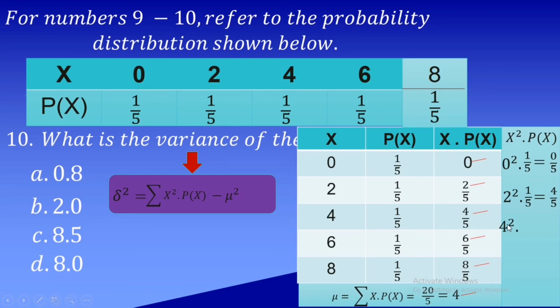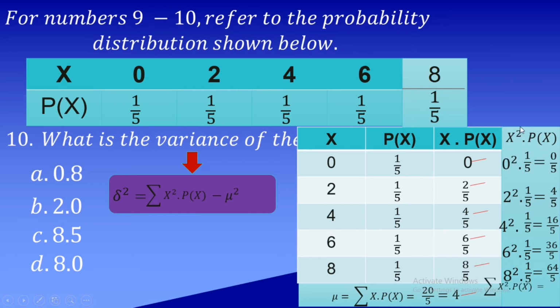Then x is 4, squared, multiplied by 1/5, 4 times 4 is 16, 16 over 5. Then 6 squared is 36, 36 over 5. Then 8 squared, times 1/5, 8 times 8 is 64, 64 over 5.